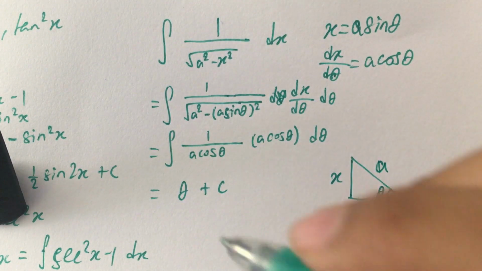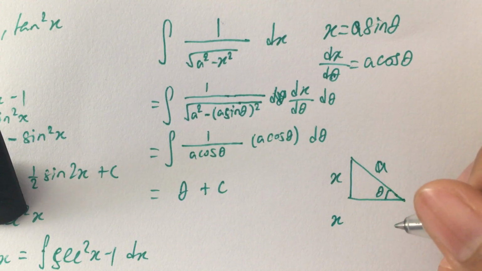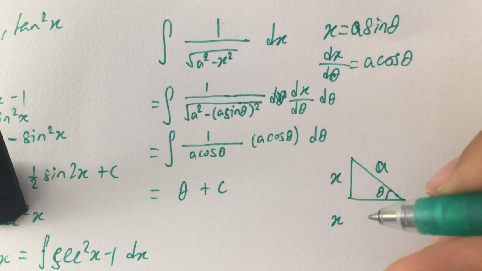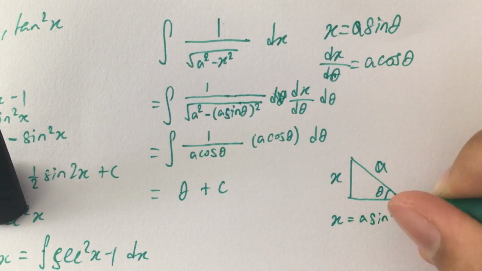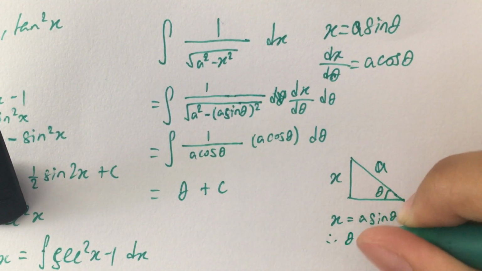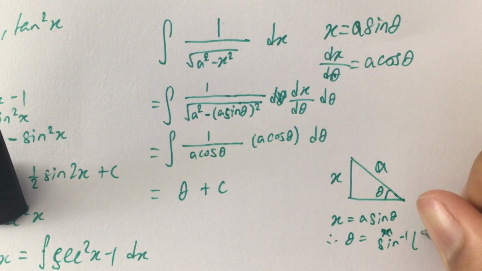Let's do the one with 1 over the square root of a squared minus x squared because it shows sine inverse. So I think that's a lot easier. Okay, so for this one, you must think about it. If you have a squared minus x squared, how do you make it something that can be integrated?